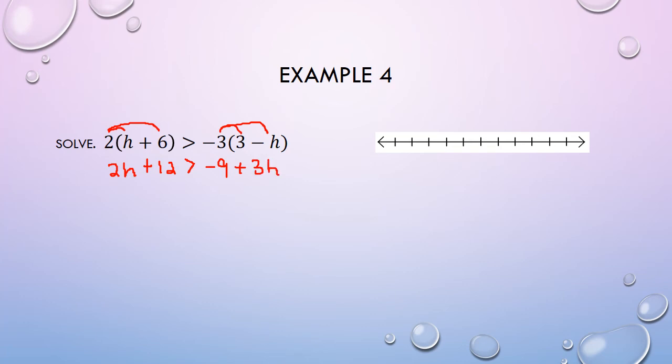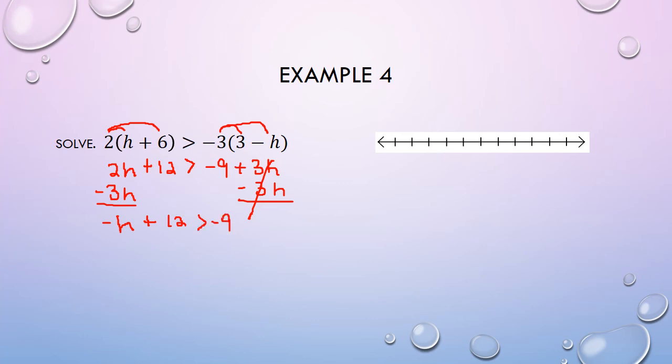Now I'm going to move the variables over to the left, so I'm going to subtract 3h. Those will cancel out. 2h minus 3h gives me -h or -1h. Plus 12 is greater than -9.